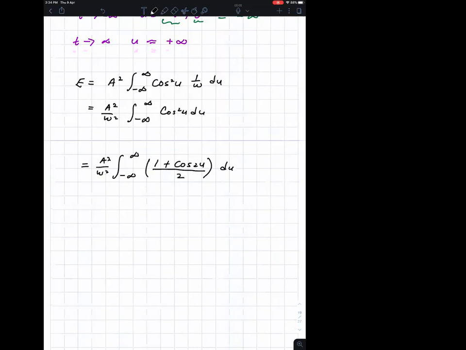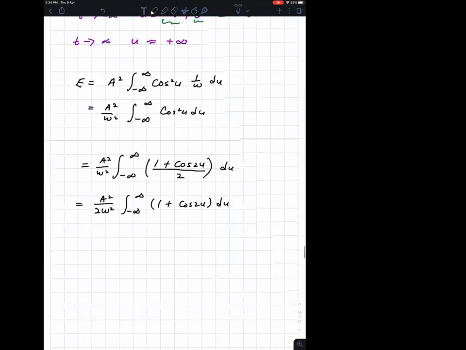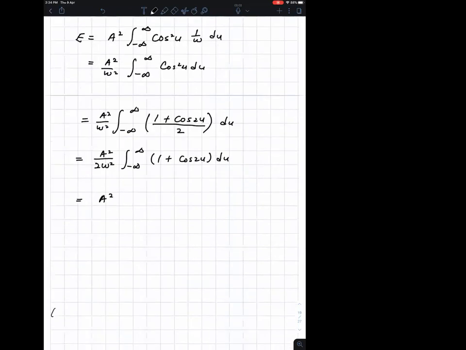We can move the 2 over to the outside because it's a constant. Now go ahead and integrate this.